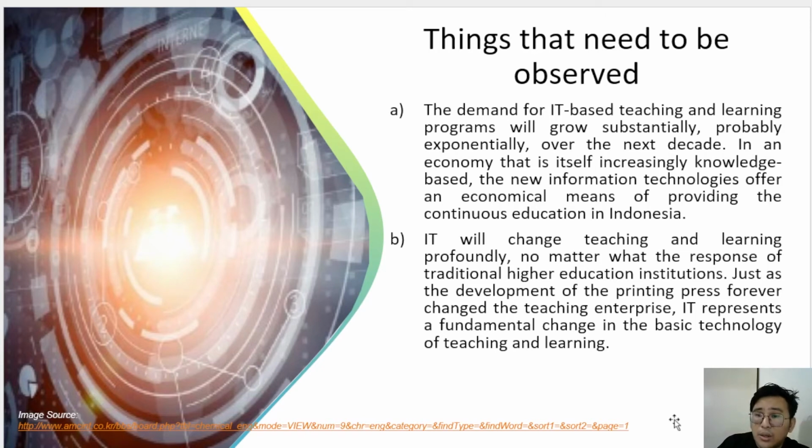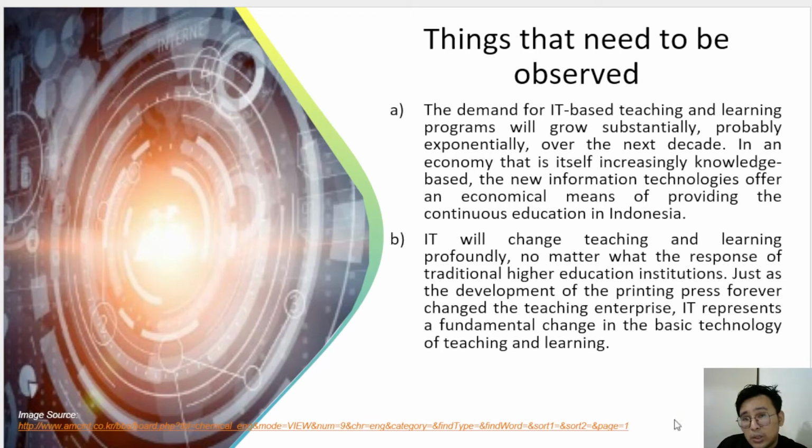So this could also become a new knowledge base, information that could offer an economic means. And this is what is happening in education in Indonesia, and based on our observation, it is the same in other countries as well.